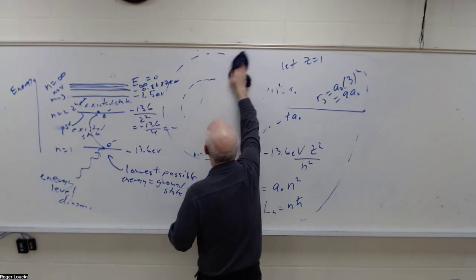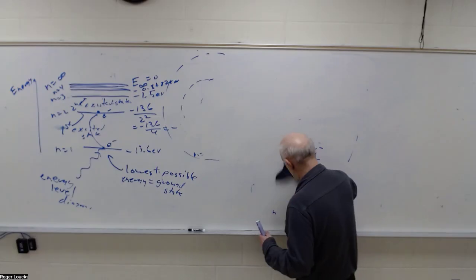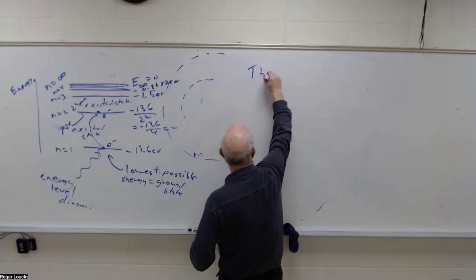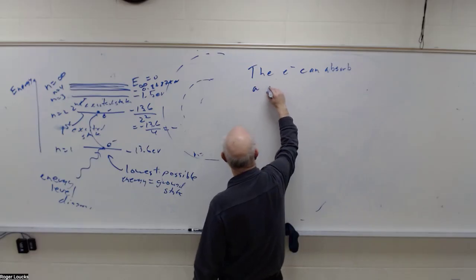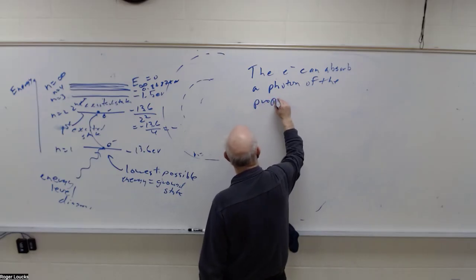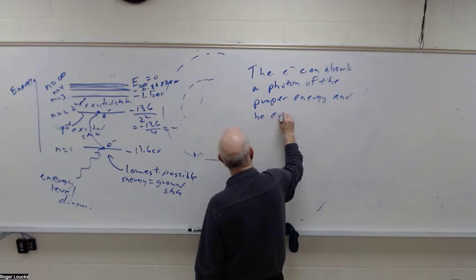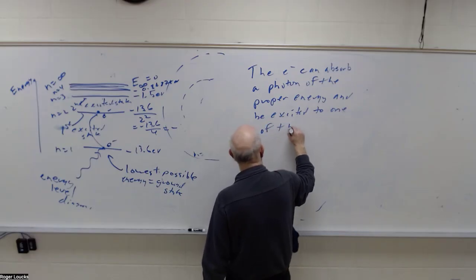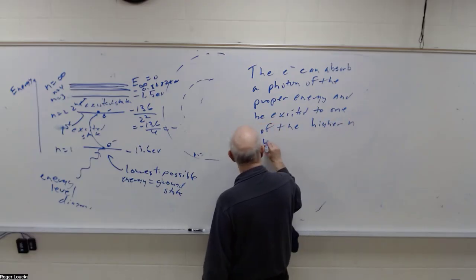You have the following happen as well. So the electron can absorb a photon of the proper energy and be excited to one of the higher n value states.